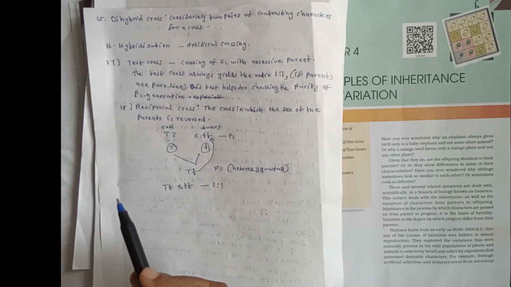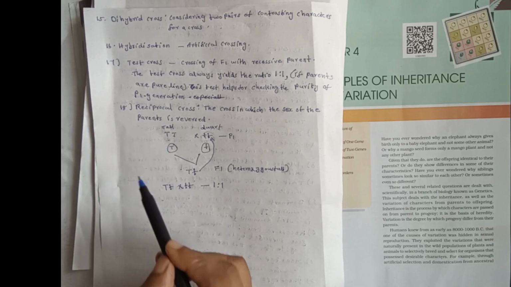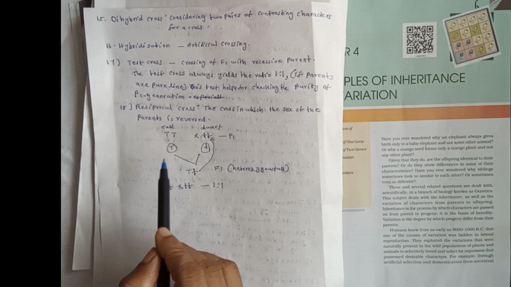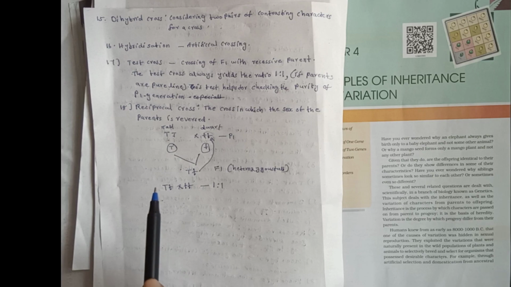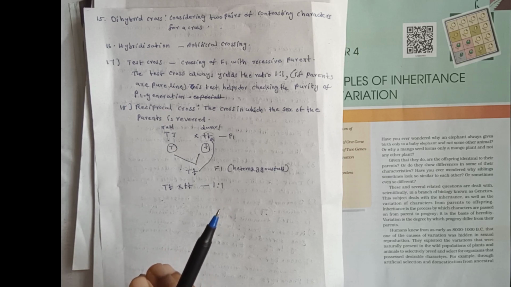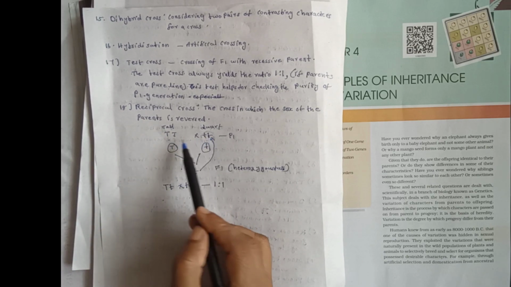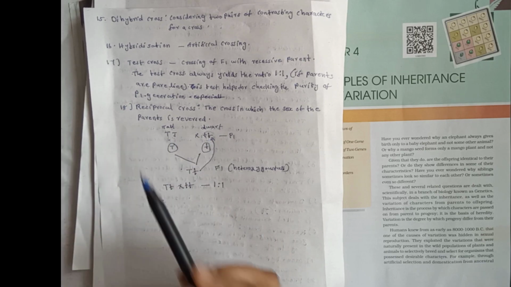Next, reciprocal cross. We know the pea plants have bisexual flowers, that is, a flower with male and female reproductive parts seen in the same flower. Such flowers are known as bisexual flowers. So we can take any plant as male or female.